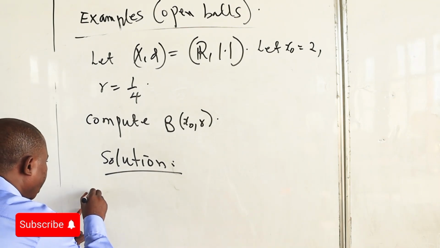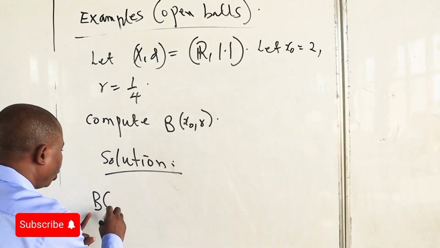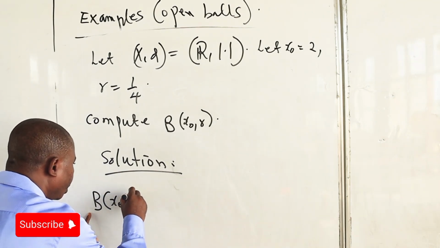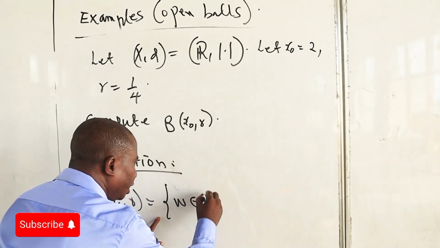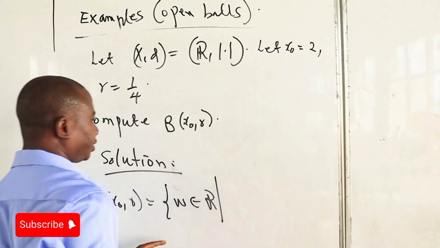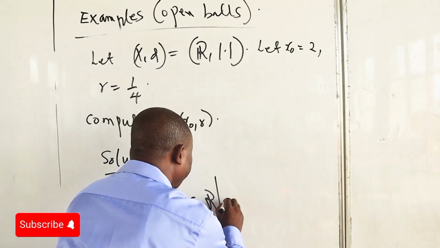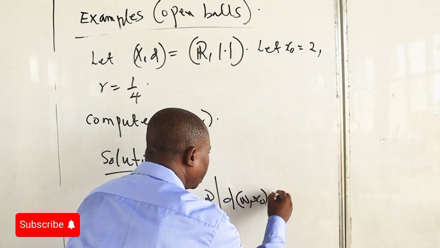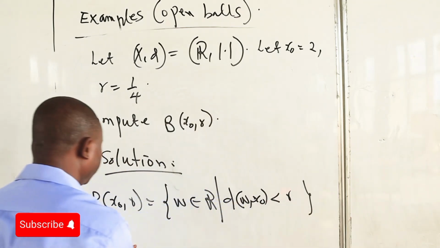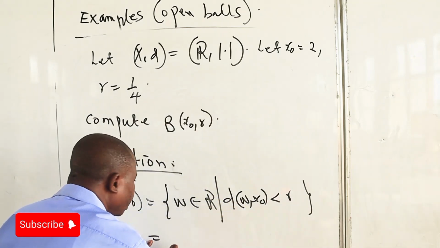Observe from the definition that this ball with center x naught and radius r is the collection of all w in R such that the distance between w and x naught is strictly smaller than r. In this case, who is our d?